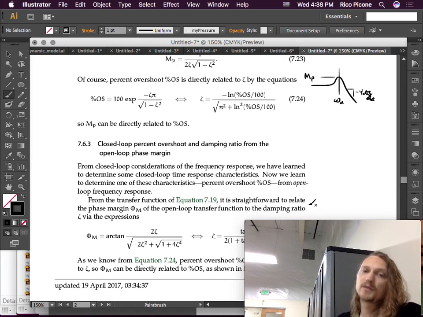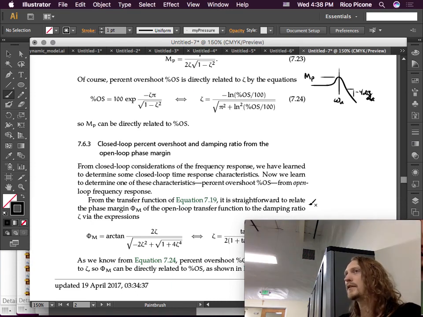Now that is useful because looking at the open loop phase margin is pretty easy to do if you have Nyquist plot, Bode plot. And you can then back out the percent overshoot from that. And potentially you could design your gains appropriately, which we aren't going to get very into in this lecture, but we will next week.